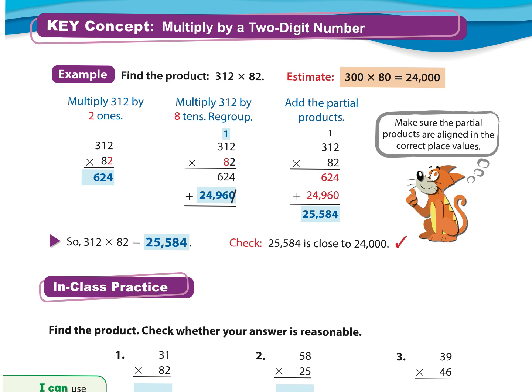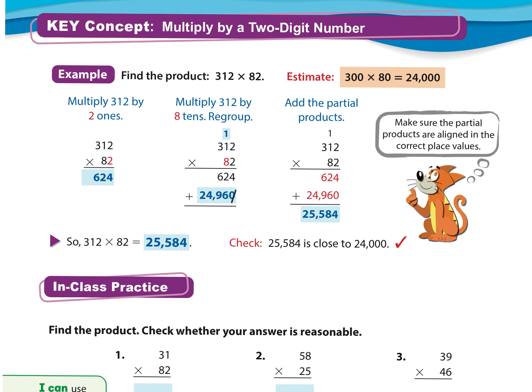But if I estimate, 312 is close to 300. This is close to 80. I know that 3 times 8 is 24. It should be close to like 24,000. If I end up with a number close to 3,000, I did something wrong, and that's when I need to go back and see, oh, whoops, I forgot 0, the hero. So when it says estimate, it is really important that you check whether your answer makes sense. Our directions say so, so we need to make sure we do it.